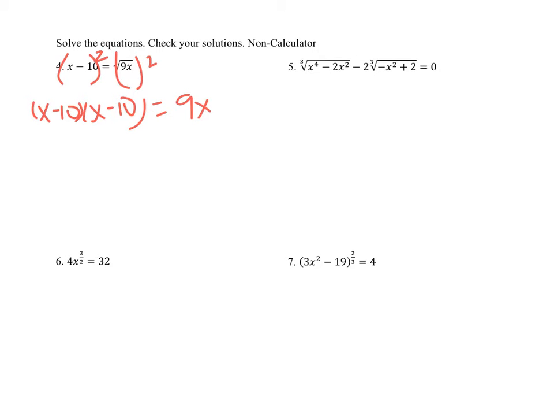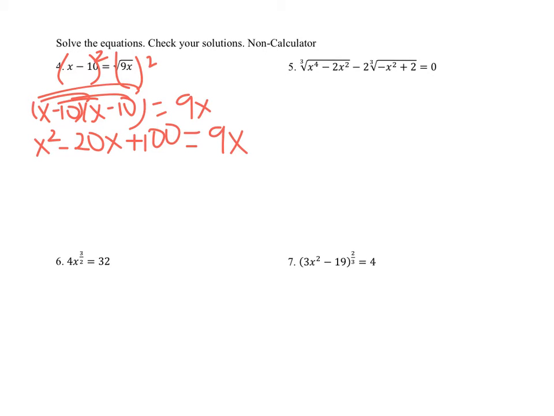Okay? So, when I double distribute here, I get x squared minus 20x plus 100. Now, I did get negative 10x minus another 10x. That's where the negative 20x came from. But again, I want to save your time, and so I went ahead and simplified it for you.